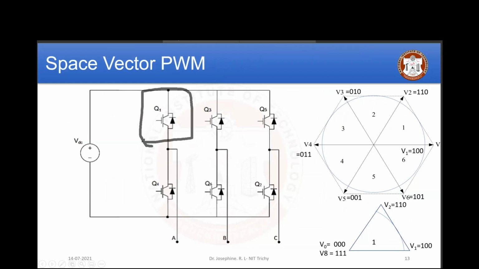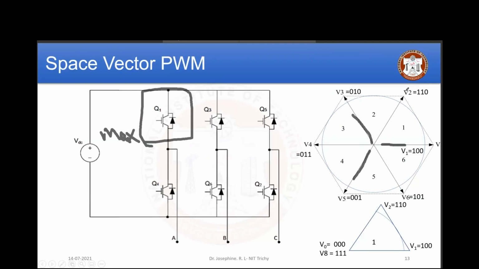Remember, this is not starting from 0, it is starting from maximum. That means it is going to start at 90 degrees. This represents the 90 degrees for A phase, this represents the 90 degrees for B phase, and this represents the 90 degrees for C phase.